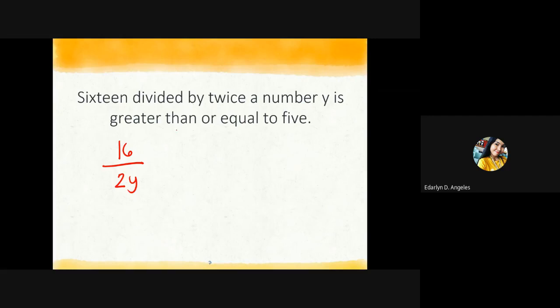Is greater than or equal to. So our symbol for greater than or equal to has an underline below. All right? 5. So 16 divided by twice the number y is greater than or equal to 5. So this is how we write this English phrase into a mathematical sentence.